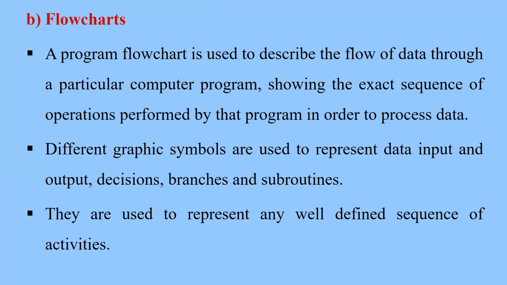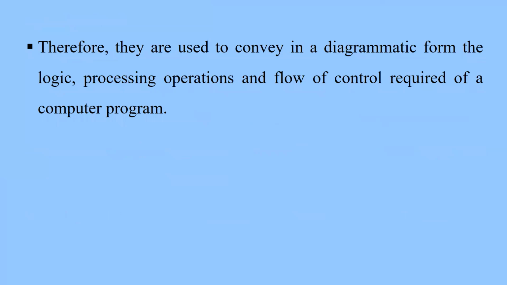It indicates the flow of the instructions, just as we have seen for the pseudocode. But in this case, we use both symbols and some short, brief statements, as you are going to see. Therefore, flowcharts are used to convey in a diagrammatic form the logic, the processing operations, and the flow of control that is required by a computer program.